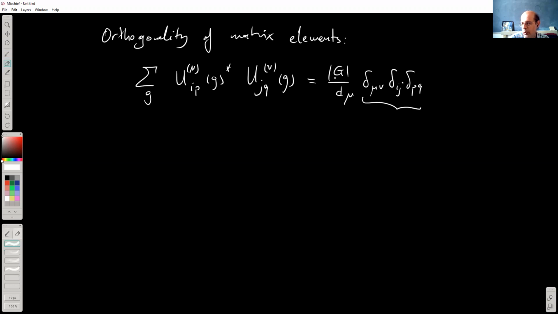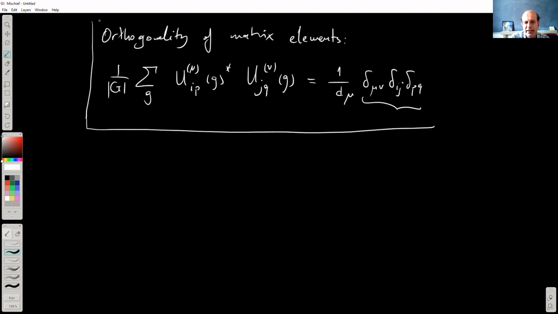We can move it to the left-hand side. People usually do this. So as a result, we have 1 over d mu in here, and then 1 over the order of the group. So as a result, the left-hand side looks like an average over the group or something like that. Okay. So in any case, I was actually going to demonstrate this on a group.